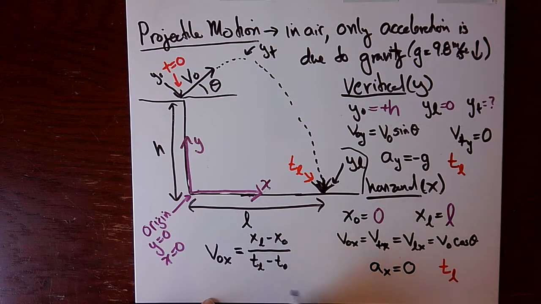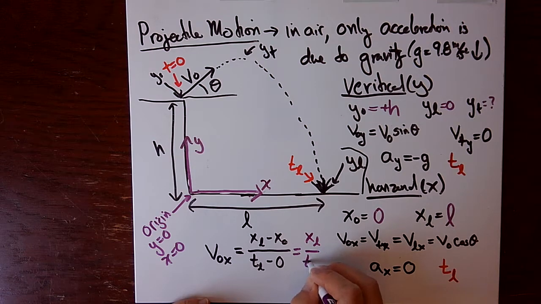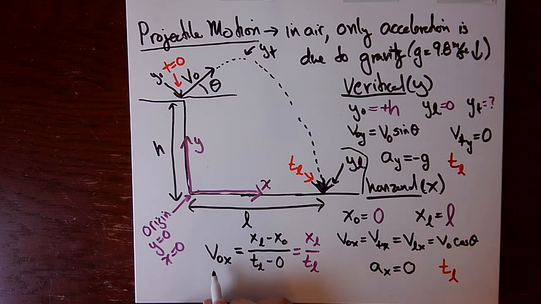So the landing time minus the initial time, but of course the initial time is 0. And in this case, we've chosen the origin to be where we start in x. So for this particular coordinate system, I can write that the landing distance over the landing time will give us the velocity in x.